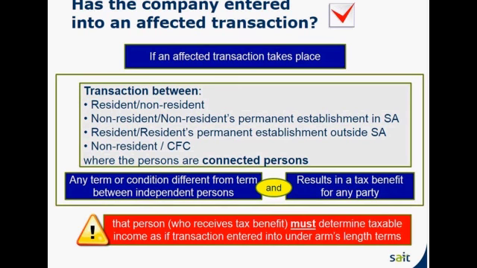They ask what was, seeing that the affected transaction means something completely different to a transaction between a resident and a non-resident who are connected. Just perhaps one last comment on this.